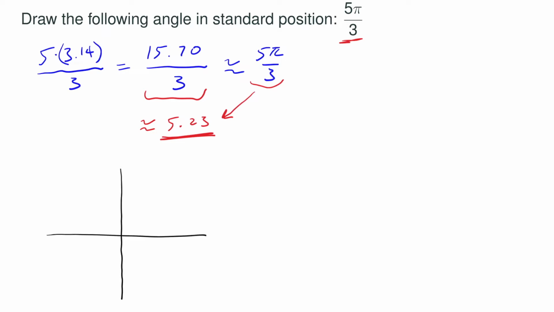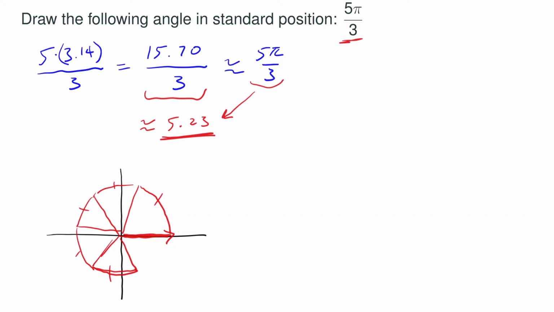So in standard position, we start from the radius here. Let's say the initial ray. Start from here. And here is about 1 radian, 2 radian, 3 radian, 4, 5 radian.